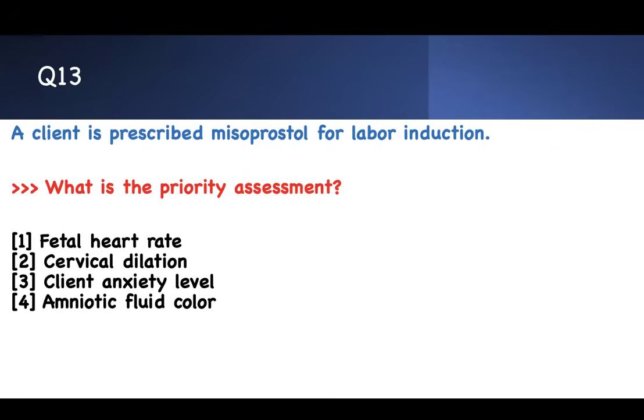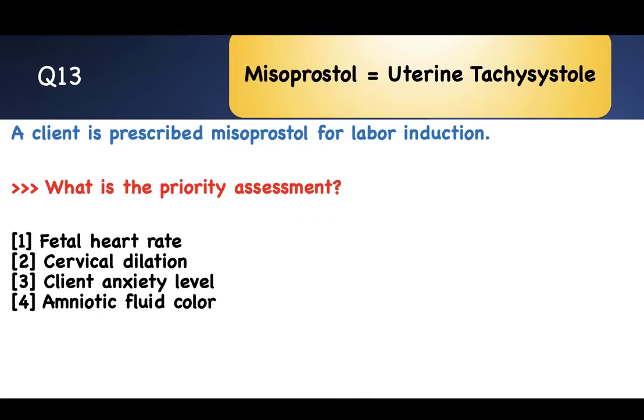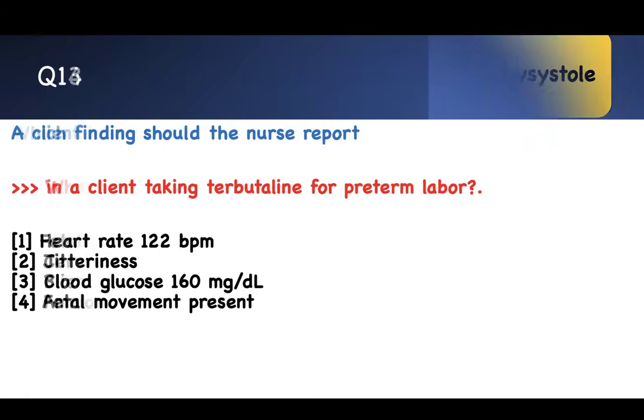These are some of the things you have to pay attention to. Cervical dilation, we expect that. The client is going to be anxious, right? Amniotic fluid color is unrelated. But the key is to know what the medication is going to do. Therefore, misoprostol causes uterine tachysystole, making the uterus contract faster.